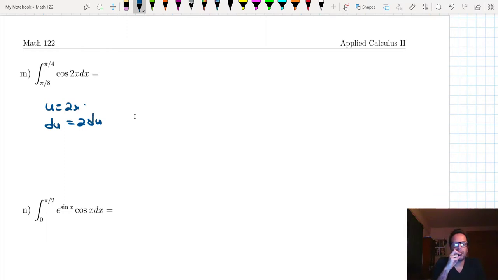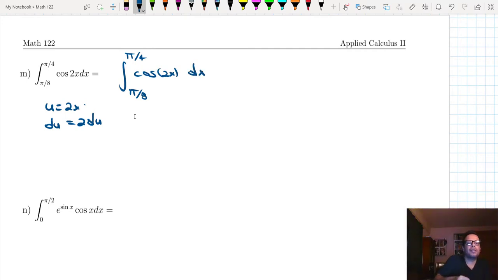Now, it turns out, let me rewrite this. This will be from pi over 8 to pi over 4, cosine of 2x dx. Okay, so I would need a 2, provided we divide 1 out at 2. Okay?